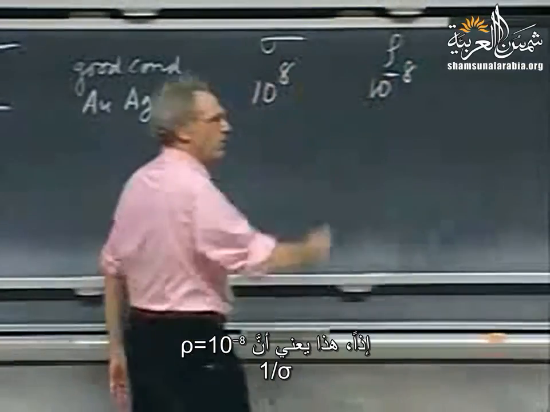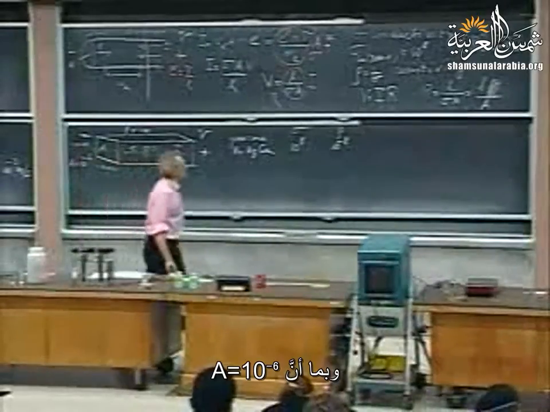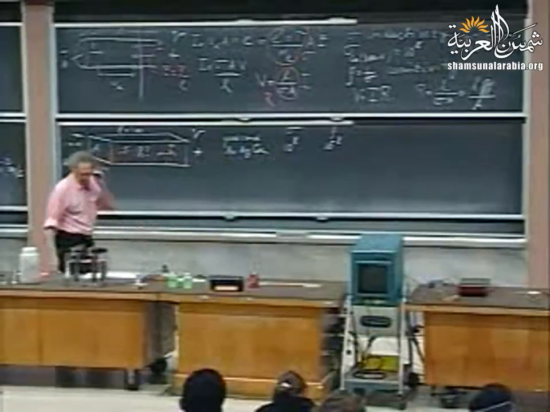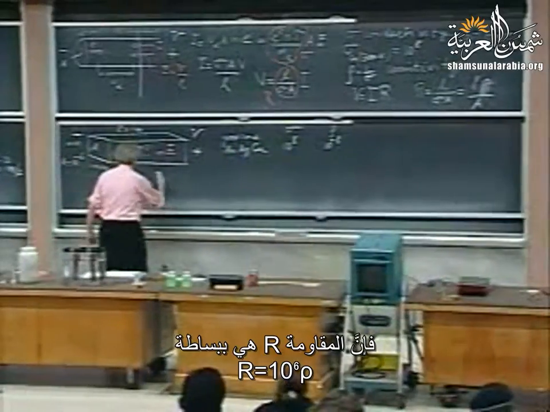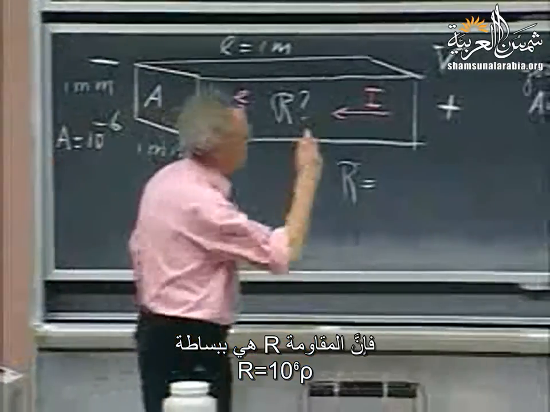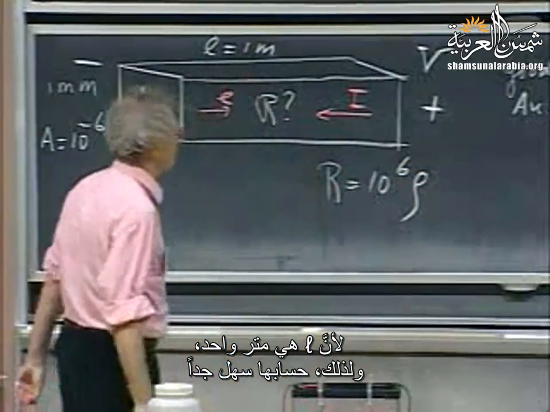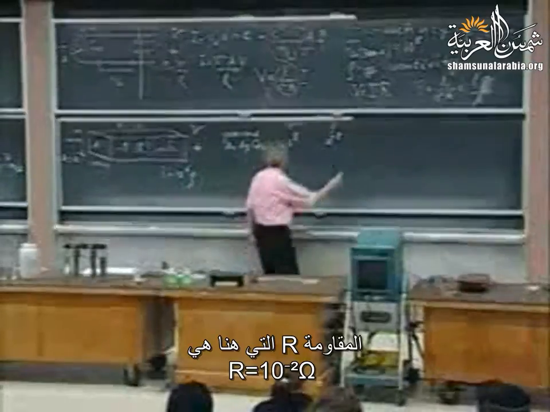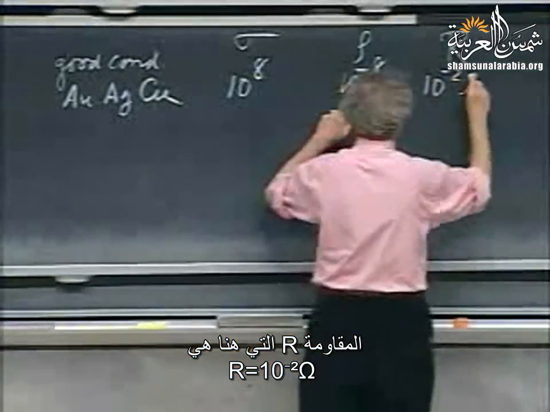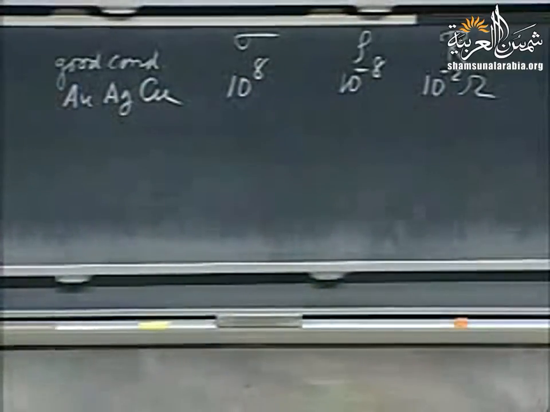It's 1 over sigma. And so in this particular case, since A is 10 to the minus 6, the resistance R is simply 10 to the 6 times rho, because L is 1 meter. So it's very easy. The resistance R is 10 to the minus 2 ohms, 1/100th of an ohm, for this material, if it were copper.